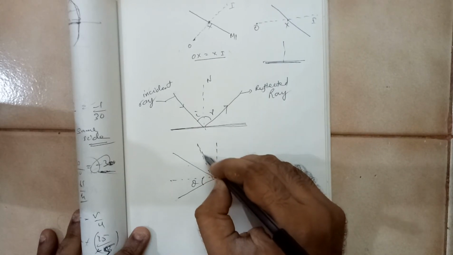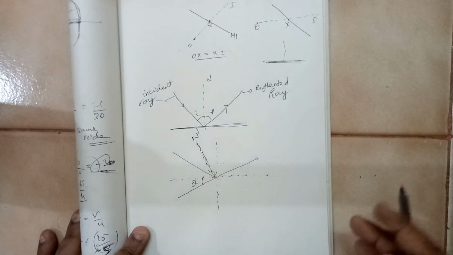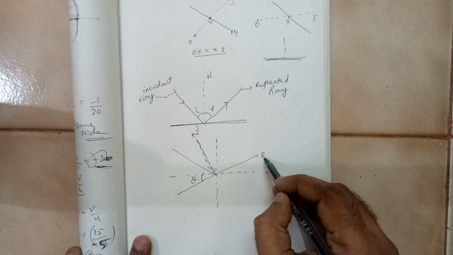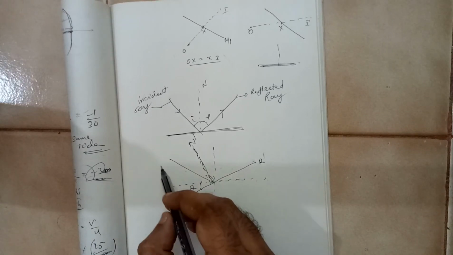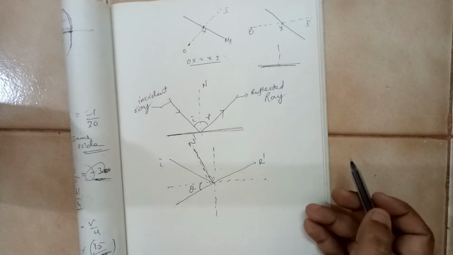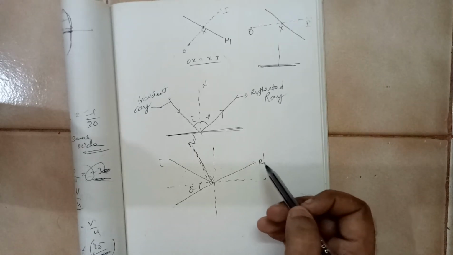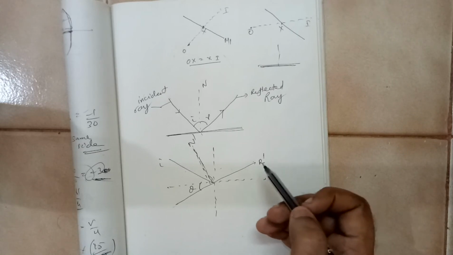This is the normal line, N dash, and even the reflected ray gets shifted to, let us say, R dash. The incident ray remains as it is. So how much is the shift in the reflected ray? That is what we are trying to find out.